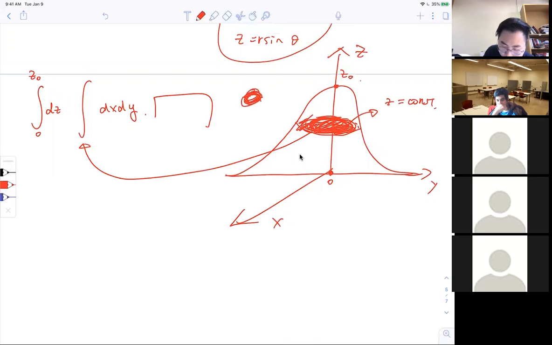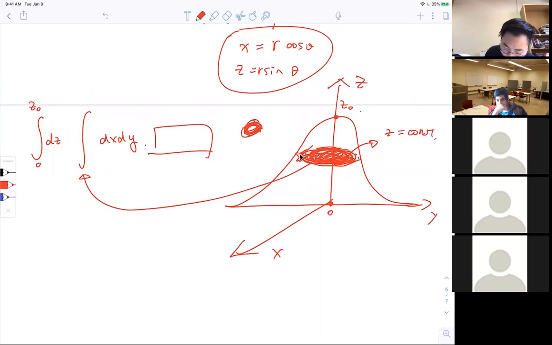And the integrand is the integrand. For example, for the moment of inertia, it's just the distance to the axis, which in this case is x squared plus y squared, times the density.